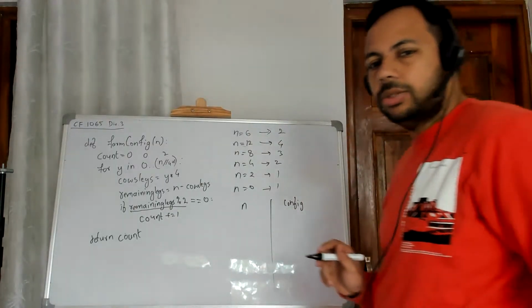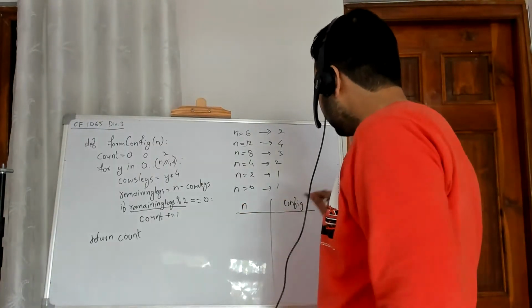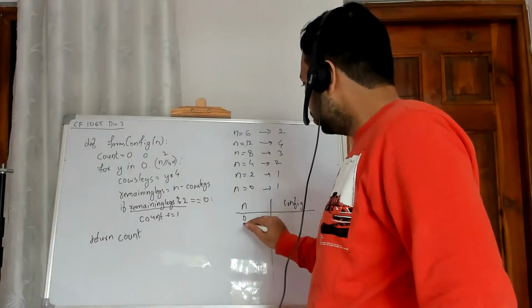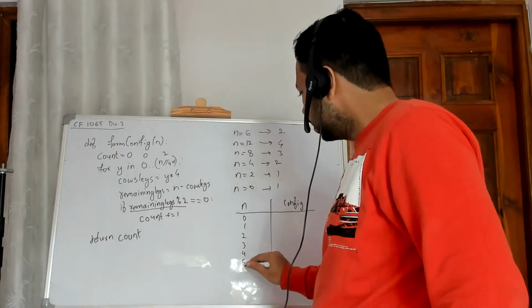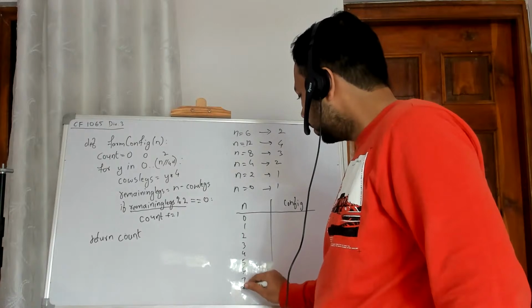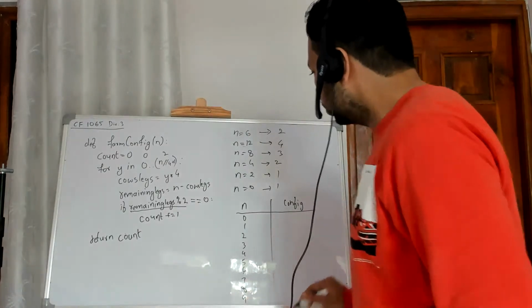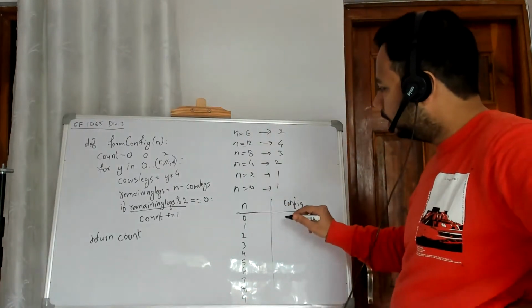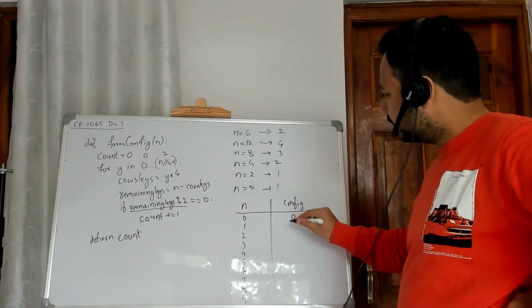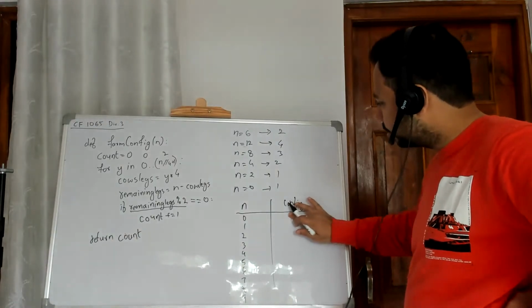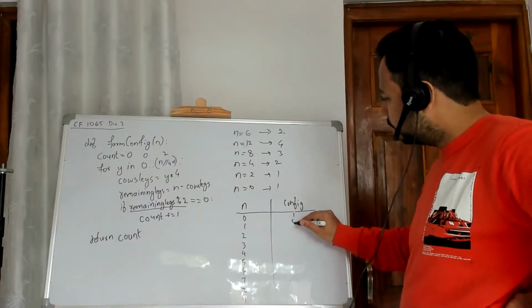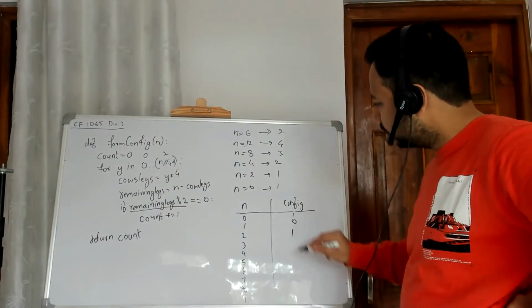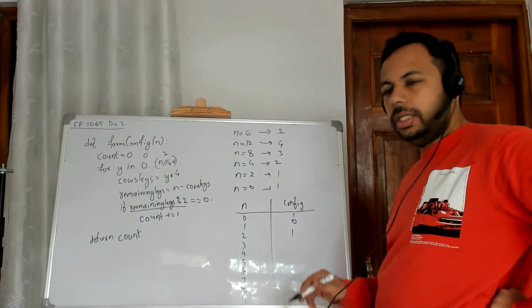So if n is odd, there is no possibility of a configuration. So n is 0, 1, 2, 3, 4, 5, 6, 7, 8, 9. For n as even, this is one configuration for 0. For 1 there is 0, for 2 there is one combination, 1 hen.